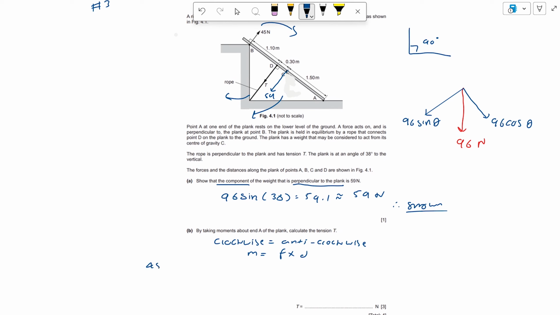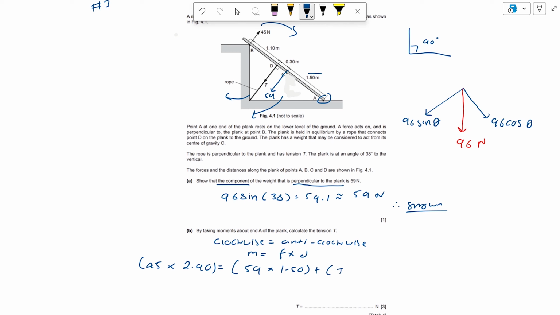Right, so now we can start plugging things in. Clockwise, 45 times distance from the pivot A is going to be the sum of all these distances. So 2.90 is equal to 59 times the distance from the pivot, which is just 150, plus tension.